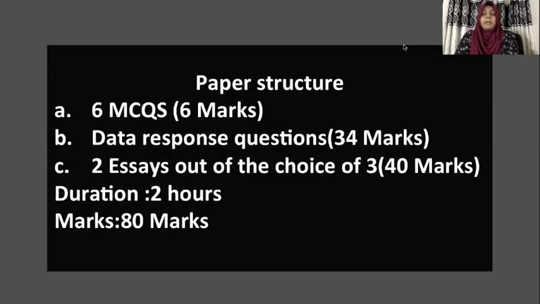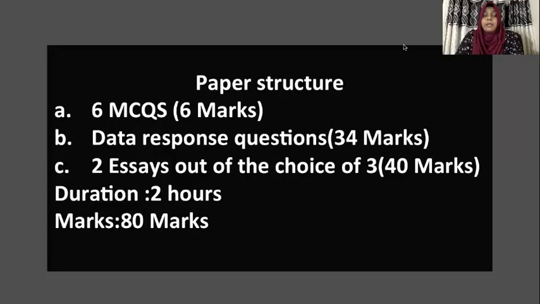When we are looking at the paper structure, in this unit in this paper we have 3 sections. In section A, you will be given 6 multiple choice questions. Each question will be given 1 mark. In section B, you will be given case studies and you will be given questions up to 34 marks, which includes a 4-mark question, 6-mark question, an 8-mark question, and a 14 marks essay question.